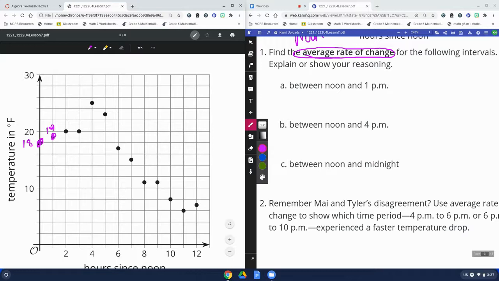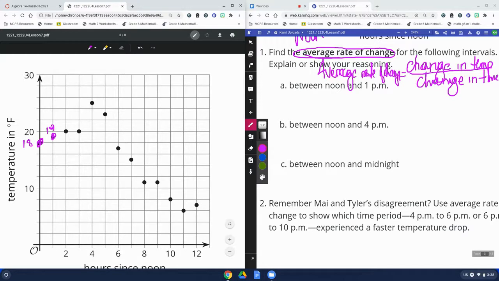All right. So to do this, we're going to do just like we did in the warm-up. You need the change in temperature over the change in time. All right. And this is how you calculate average rate of change. Oh my gosh, I should have typed that. My apologies. All right, so average rate of change is change in temperature over change in time.